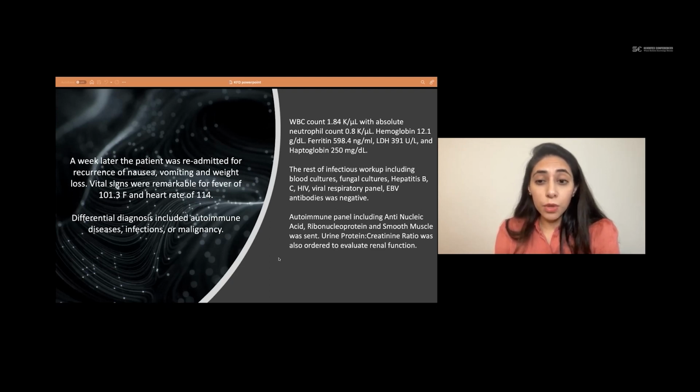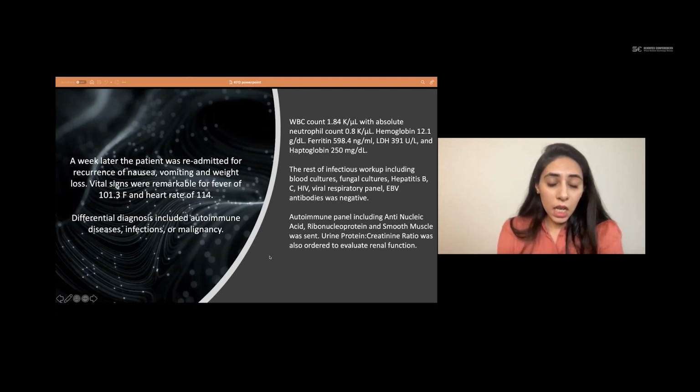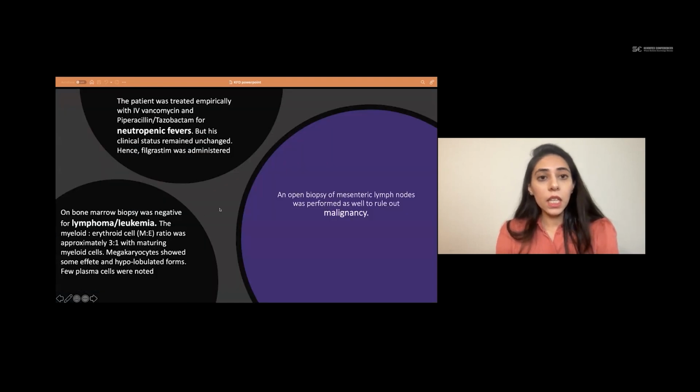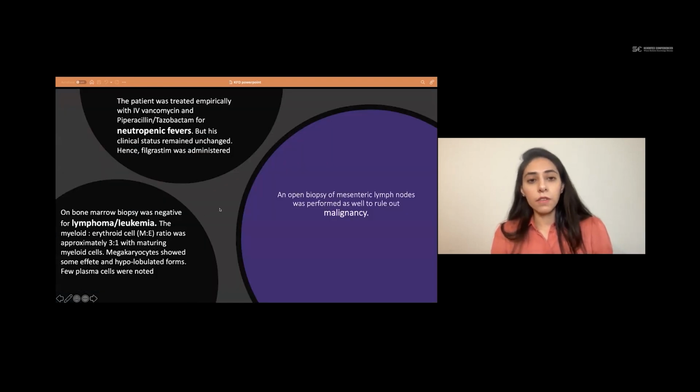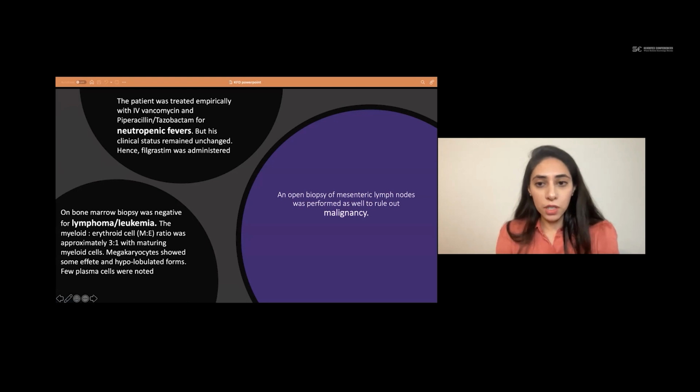We did a urine protein creatinine ratio to see if his kidneys had been affected and to evaluate his renal function. Thinking in terms of these three major differentials, for malignancy we performed an open biopsy of the mesenteric lymph node.